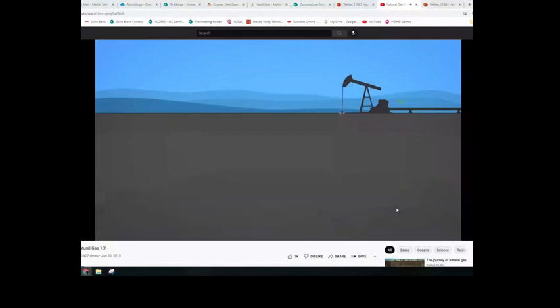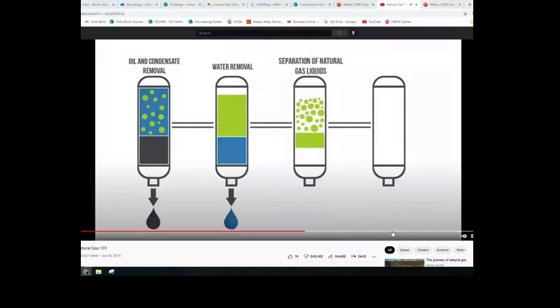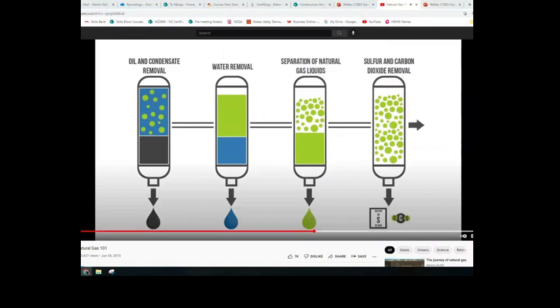Once extracted, natural gas is sent through small pipelines called gathering lines to processing plants, which separate the various hydrocarbons and fluids from the pure natural gas to produce what is known as pipeline quality dry natural gas before it can be transported. Processing involves four main steps to remove the various impurities: oil and condensate removal, water removal, separation of natural gas liquids, sulfur and carbon dioxide removal.